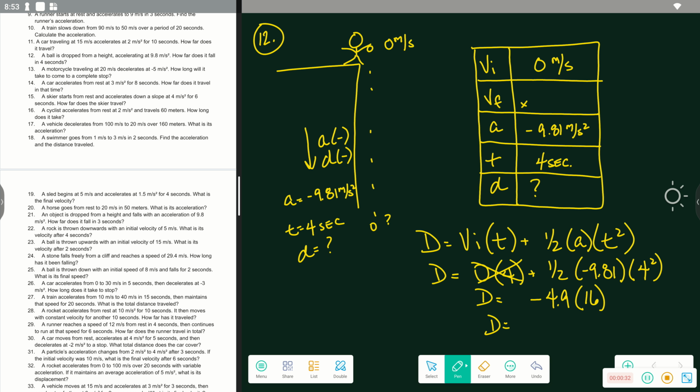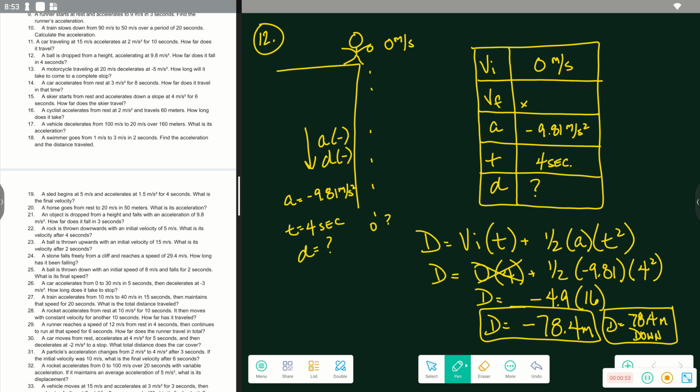And negative 4.9 times 16 is going to be negative 78.4 meters. You can answer it that way, or 78.4 meters down.